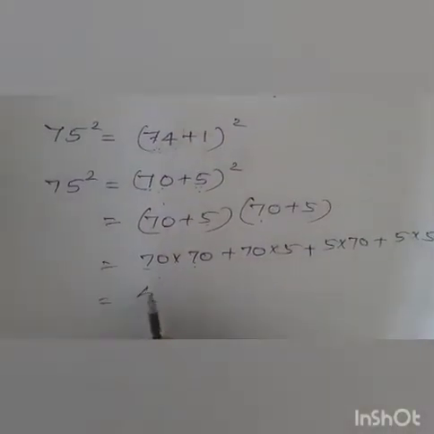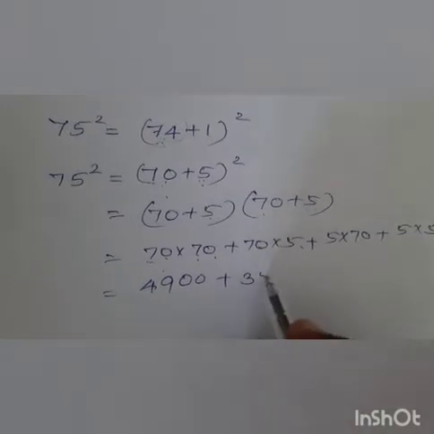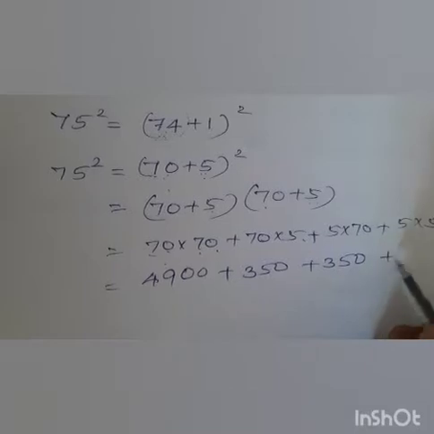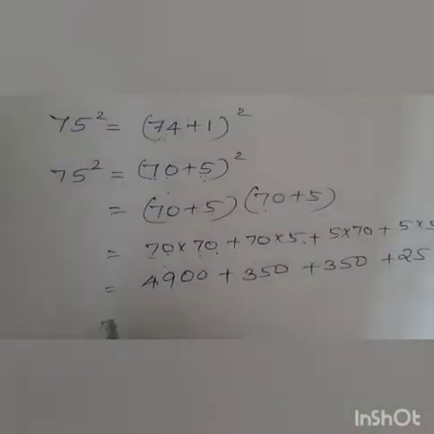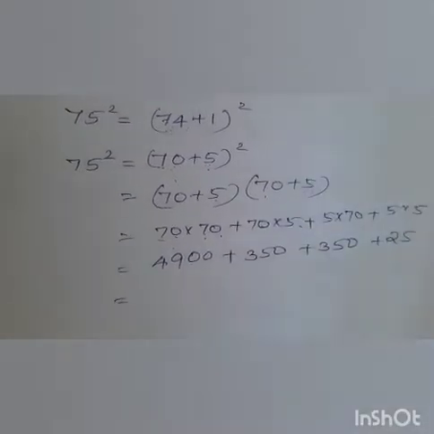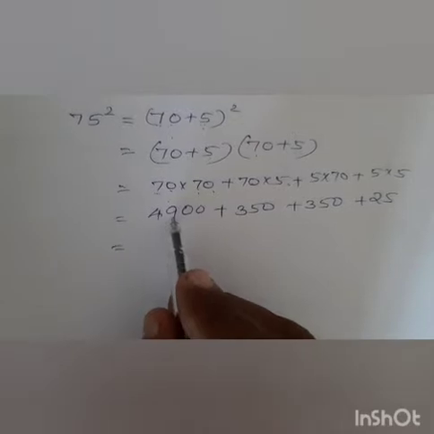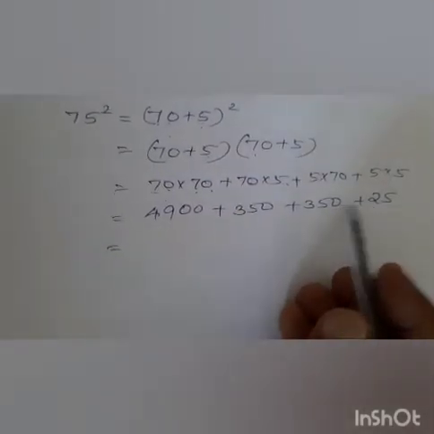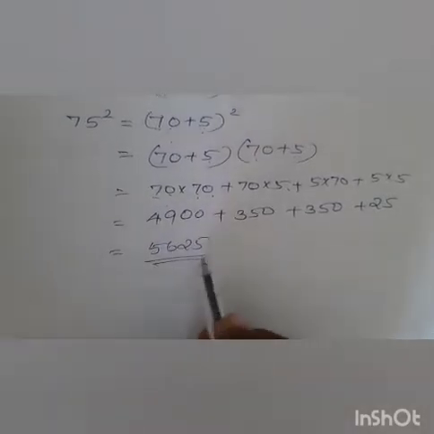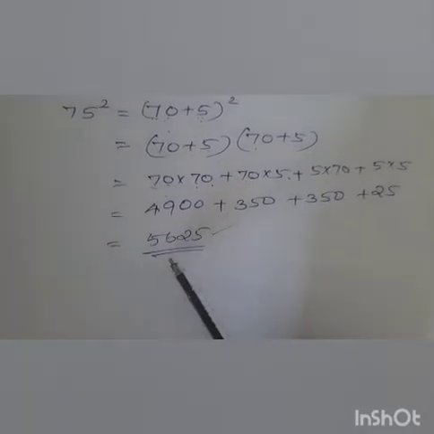So 7 7s are 49, then 2 zeros. 7 5s are 35, 1 zero, here also 350, plus 25. All these we should add together: 4900 plus 350 plus 350 plus 25. So you will get 5625. So without calculation we can get the answer like this.